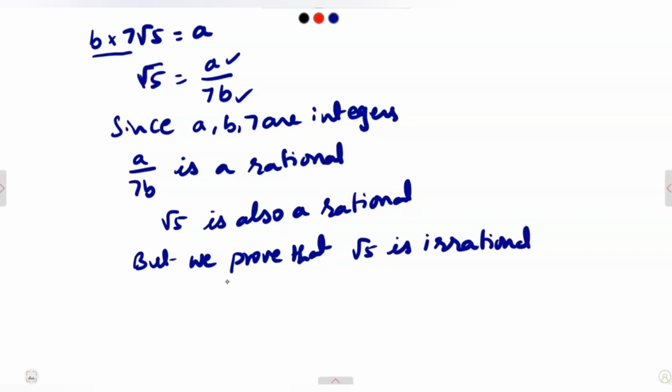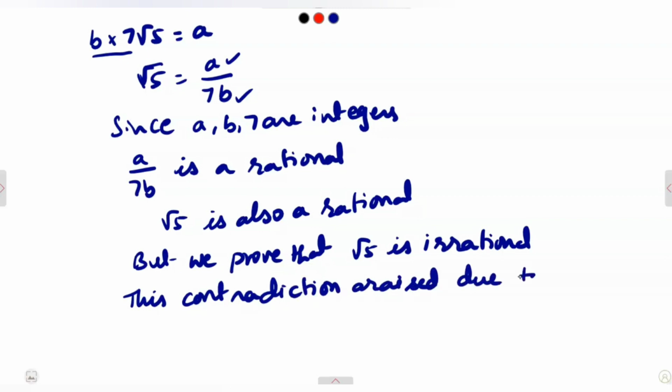So this contradiction arises due to our starting assumption, our incorrect assumption. We need to write like this for every question in the last.